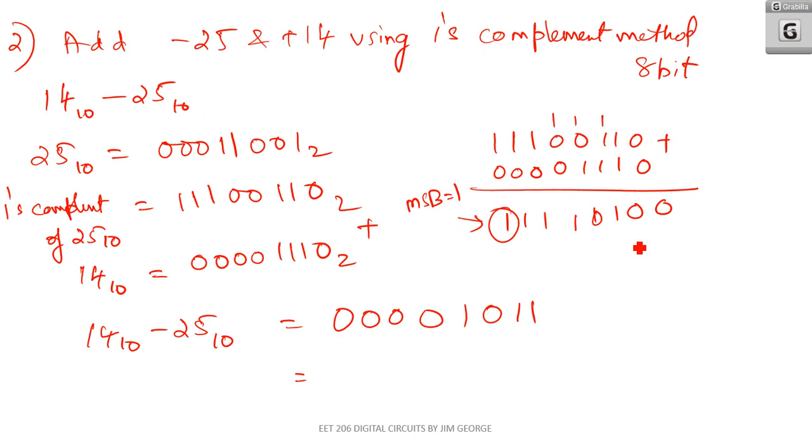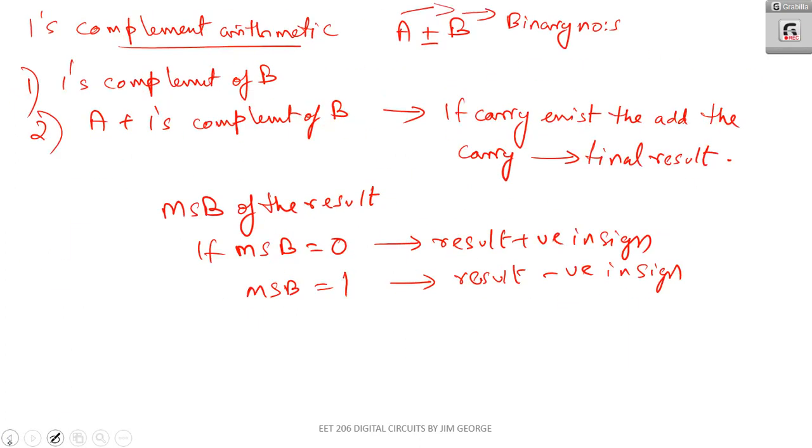Since MSB is 1, you have to take the ones complement. That is a step I have forgotten here. If MSB is 0, result is positive in sign. Whereas if it is 1, finally take the ones complement of the result and you will get the answer. That I have forgotten the step here.